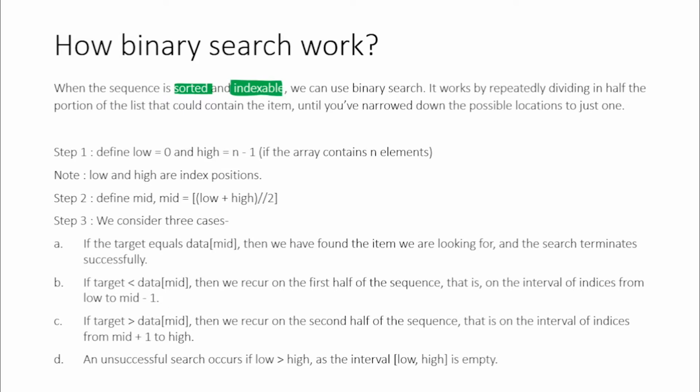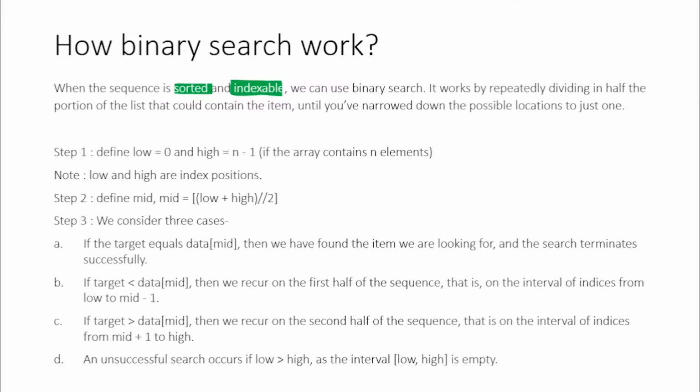Step 1. Define two variables low and high, where low is equal to 0 and high is equal to n minus 1 if the array contains n elements. Also note that low and high are index positions. Step 2. Define a variable mid, where mid is the floor division of low plus high by 2.